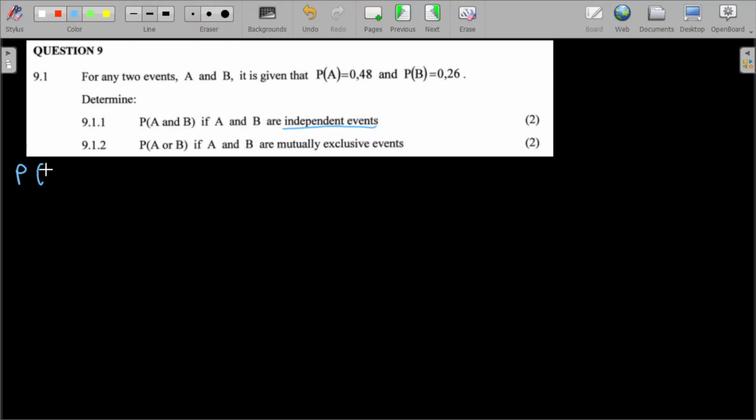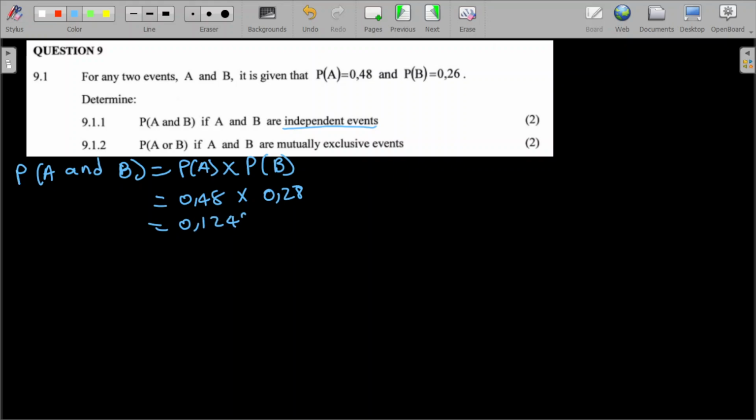So if they are independent, the probability of A and B is going to be the probability of A times the probability of B, which is equal to 0.48 times 0.28, which is going to give us 0.1248. This is the probability of A and B.